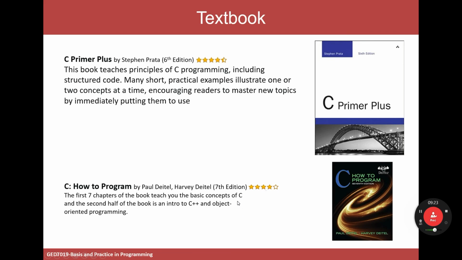So if you learn C well, then next you can go to C++, another object-oriented programming language based on C. But the first textbook is pure C programming language, so I would like to follow the first textbook.